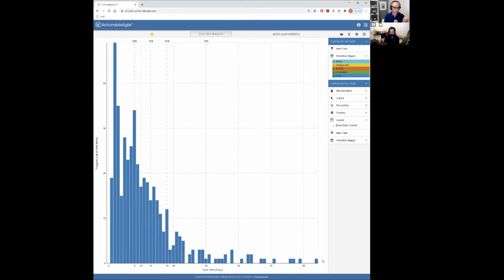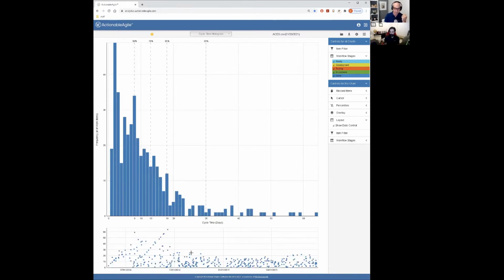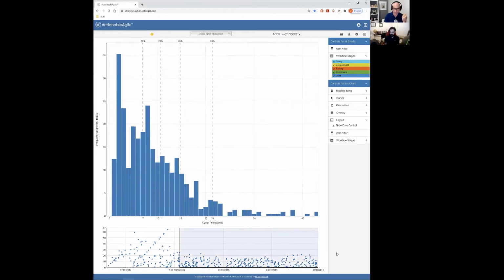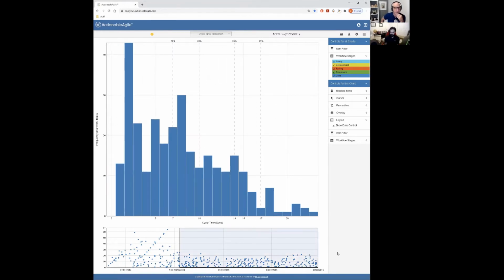We're going to have to do something about that. Whereas if we pull in this date control and zoom in on the part where the team was actually limiting work in progress, you would not take that action. And this is exactly what Shewhart is talking about. I think this is picture perfect to demonstrate what Shewhart's talking about.